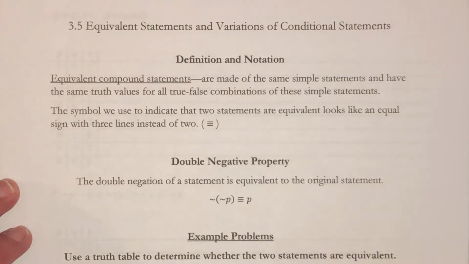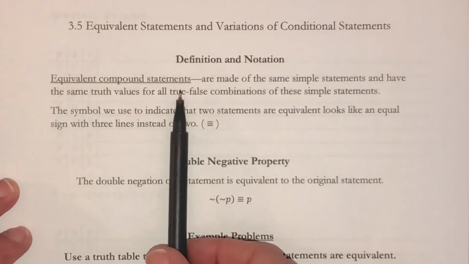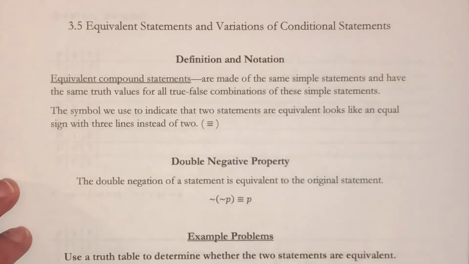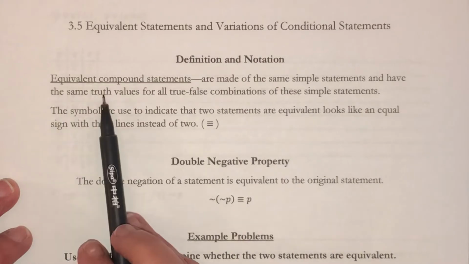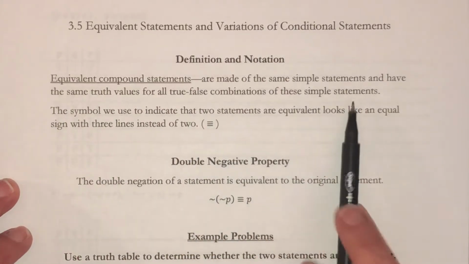This is section 3.5, equivalent statements and variations of conditional statements. So a couple of definitions. What we mean by equivalent compound statements: these are statements that are made of the same simple parts, so the same P, the same Q, and so on, and have the same truth values for all true-false combinations of these simple statements.